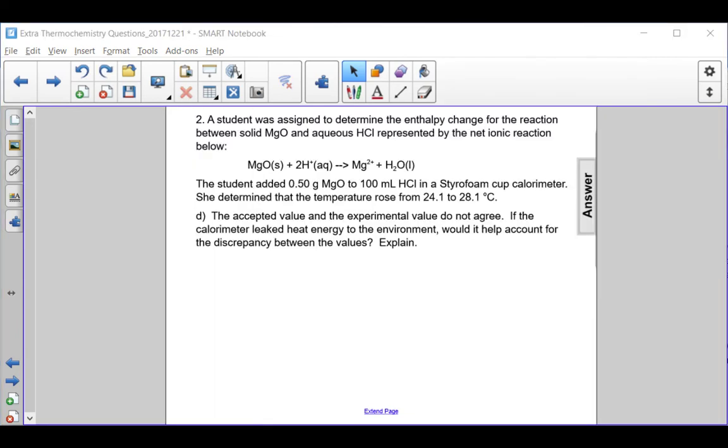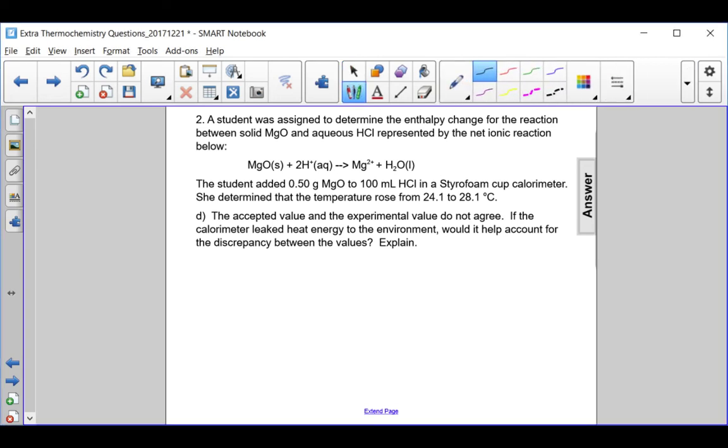Finally, finishing up problem 2, the accepted value and the experimental value do not agree. So let's just remind ourselves. The experimental value was minus 135 kilojoules per mole of MgO, and the accepted value was minus 151 kilojoules per mole of MgO.